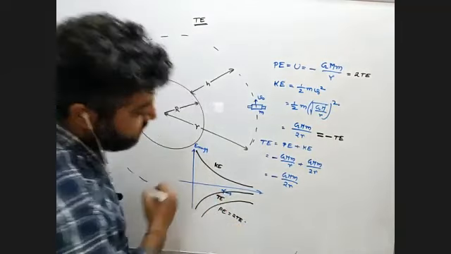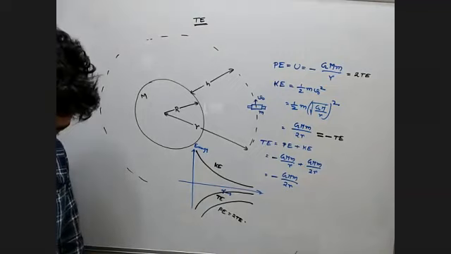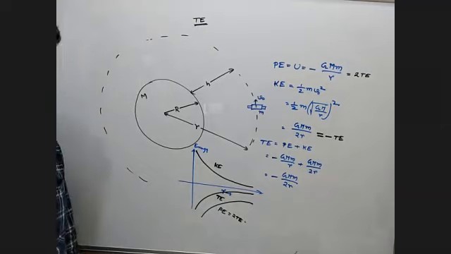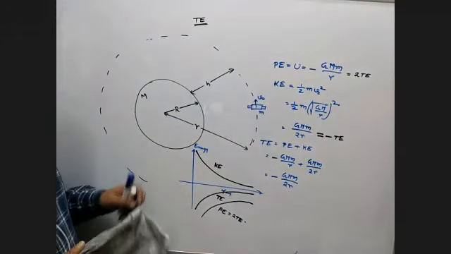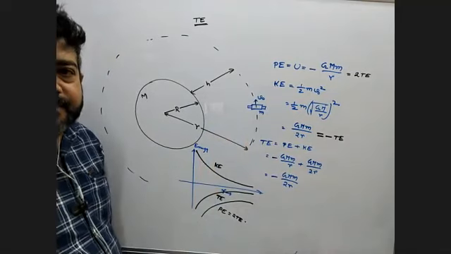Is it clear, everyone? These relations are very important. So let's see which type of numerical the examiner can ask you. If you want to take a screenshot, you can take.